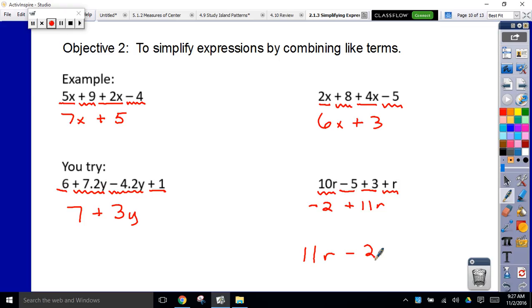As long as the right sign is in front of the right number, they mean the same thing. Question, Sammy. Adding the same thing with the first one, is that okay too? The first one, if you wrote 3y plus 7, yes. Okay. Ben? What about if we're looking at 11r plus negative 2? Plus negative 2 would be fine, yes.